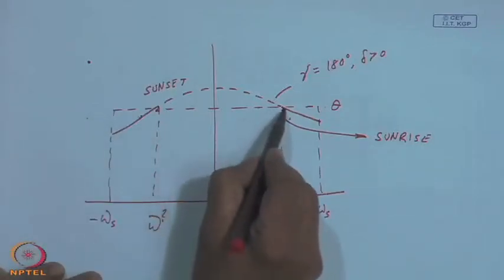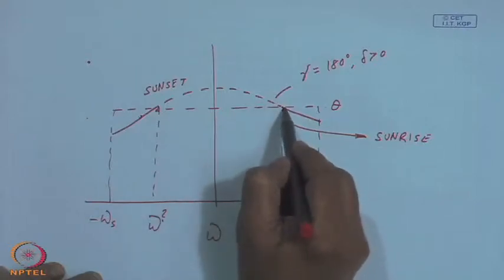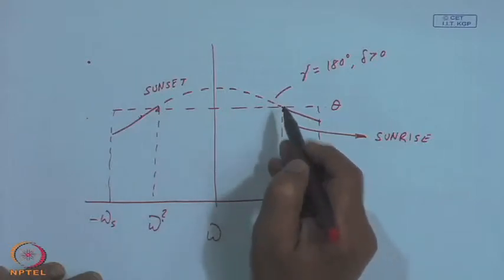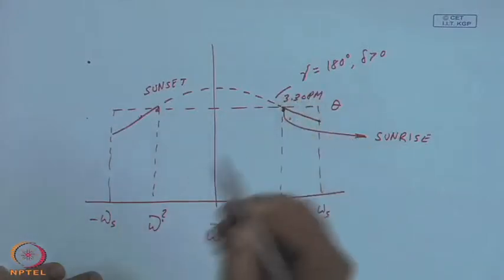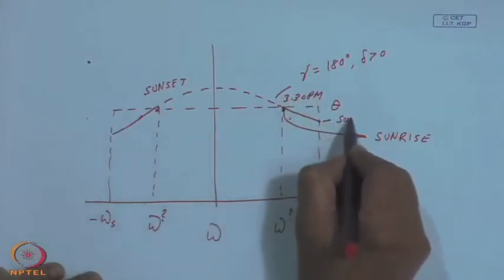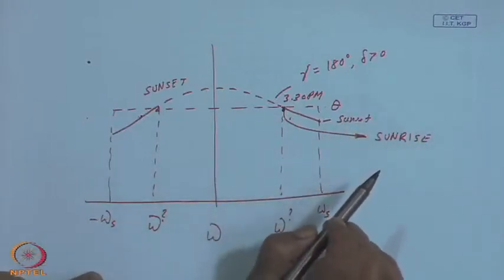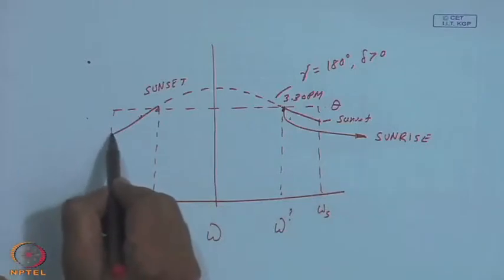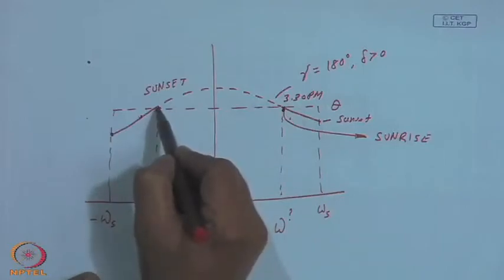Because here onwards, that means the surface starts seeing the sun at, let us say, 3:30 p.m., continues up to sunset. Again, for our own comfortable feeling, next day morning it starts seeing from sunrise up to something like 10 o'clock or 9:30 a.m.